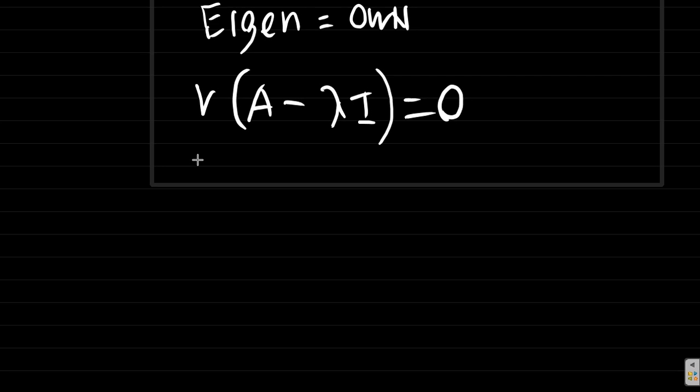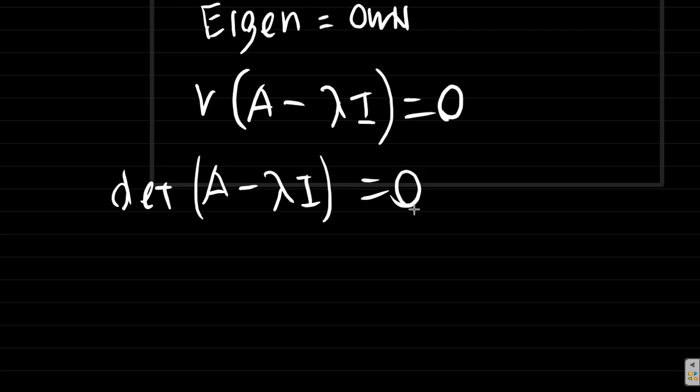And what is a singular matrix? One whose determinant is equal to 0. You cannot find its inverse. So the determinant of A minus lambda I must be equal to 0.